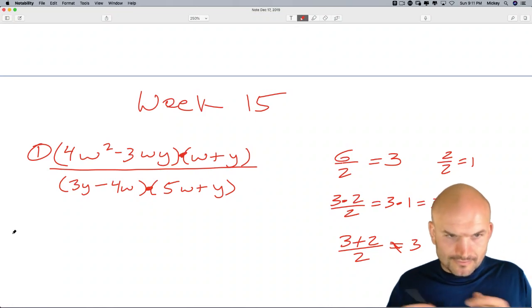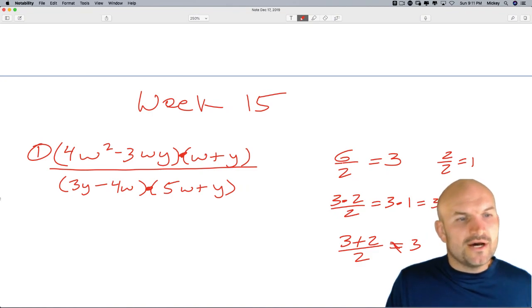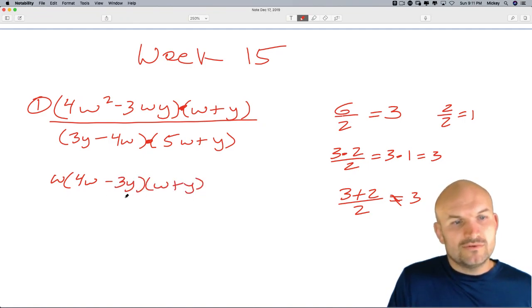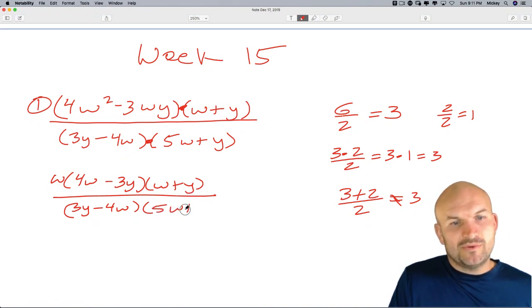So we have 4w minus 3y times y plus w, all over 3y minus 4w, and then 5w plus y.